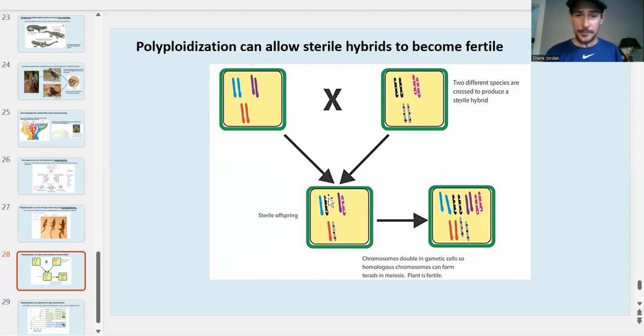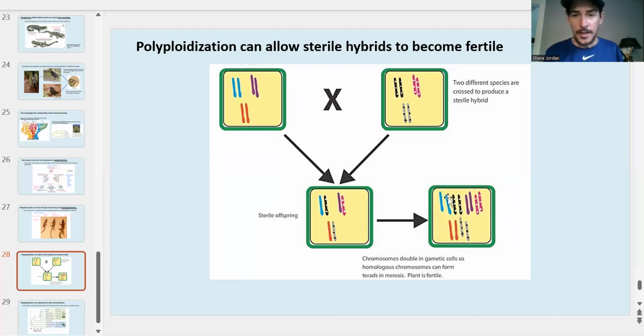However, if this individual undergoes polyploidization, that is, mistakes during meiosis that lead to gametes containing twice the number of normal chromosomes, and if that happens in another individual, whether or not that individual is of the same species, we will now have a situation where there is a proper complement of chromosomes because of these accidents caused by polyploidization.